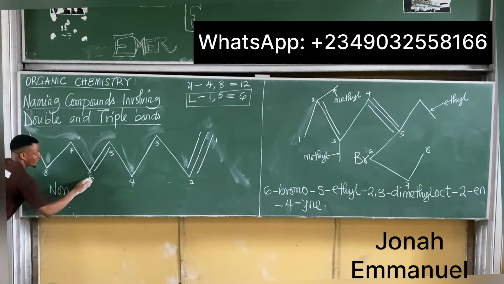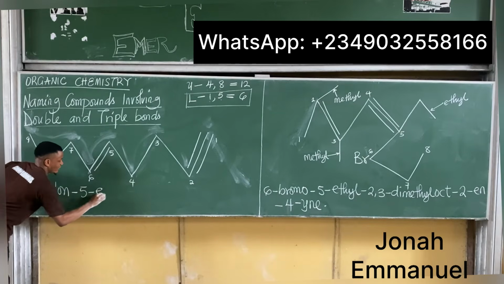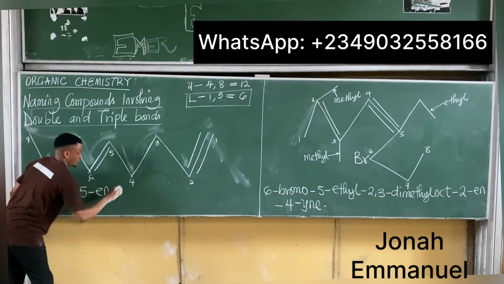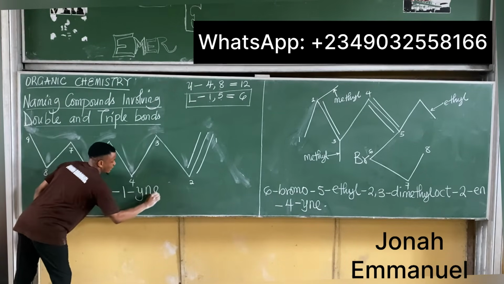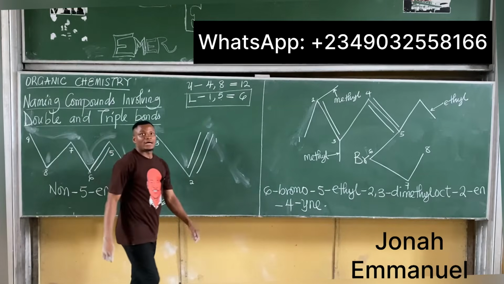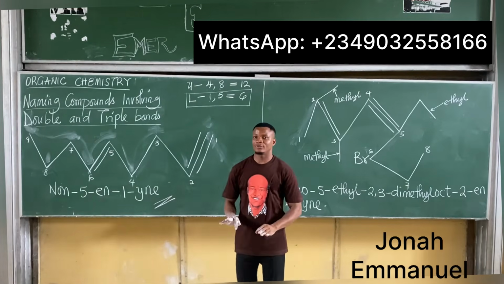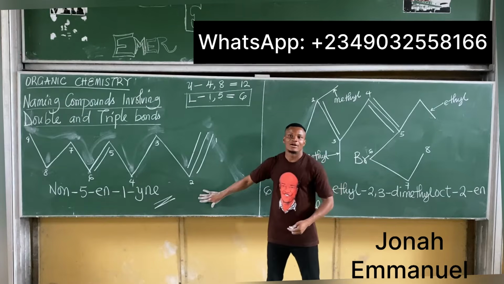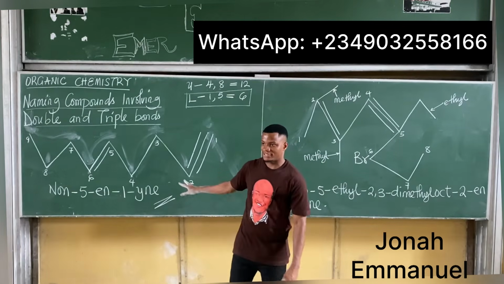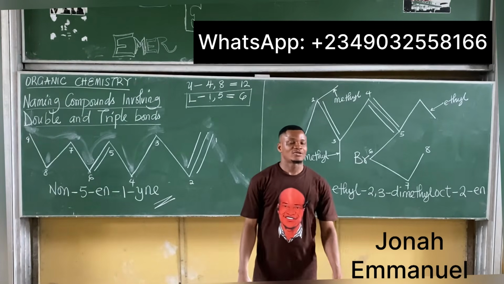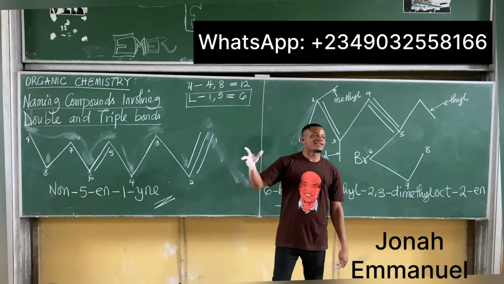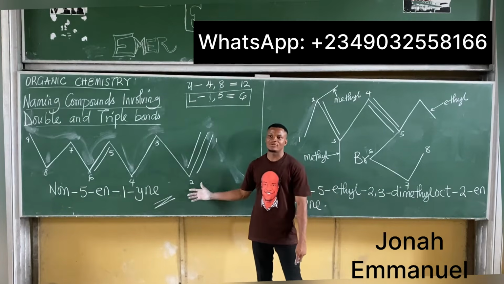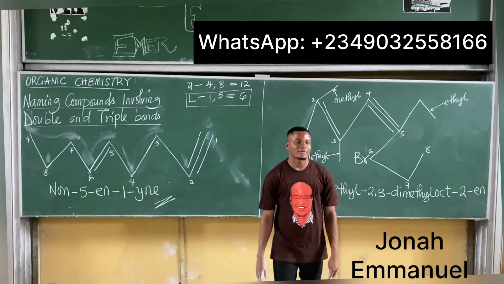So 5 and 1. So that's another concept of doing this. Hold on. So that's another concept of doing this. All right. So listen. If a lecturer said you should use this one, no problem. You can use this one still. That's the pattern.